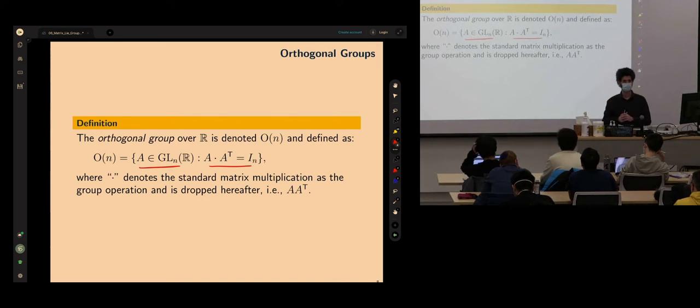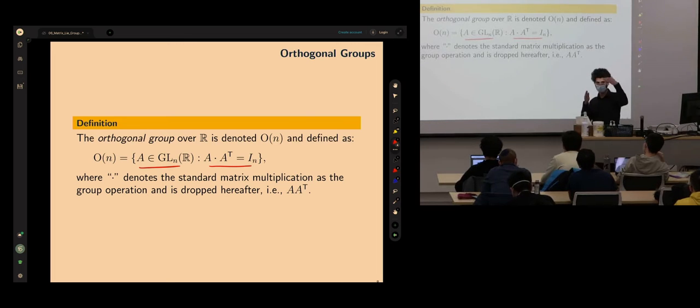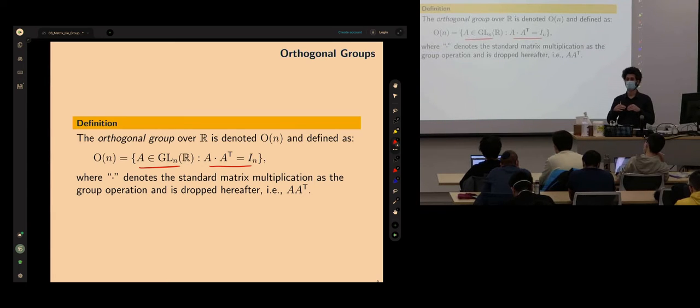And when these dot products give you 0, if they're corresponding, let's say row and column, that means the columns, or rows, are perpendicular to each other, orthogonal. On top of that, when you get 1, that means they're normalized, so it's orthonormal. So this condition will give us the orthogonal group. These are rotations and reflections.